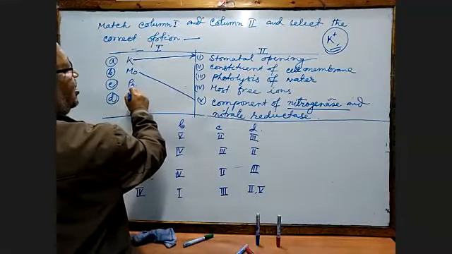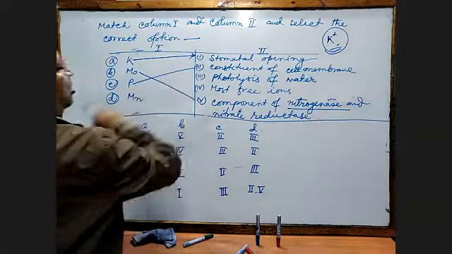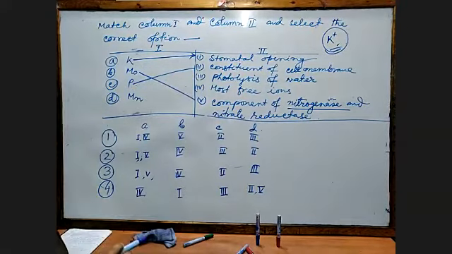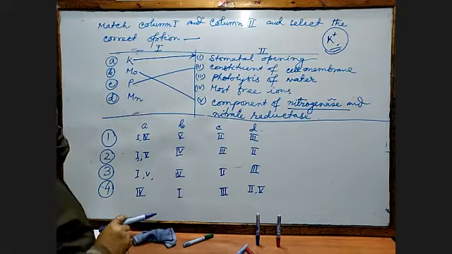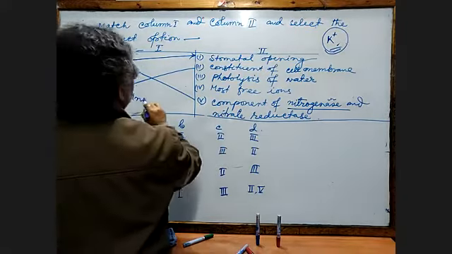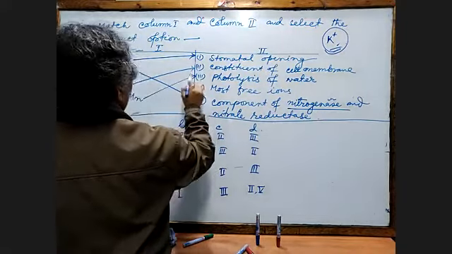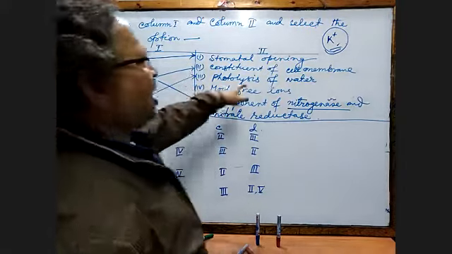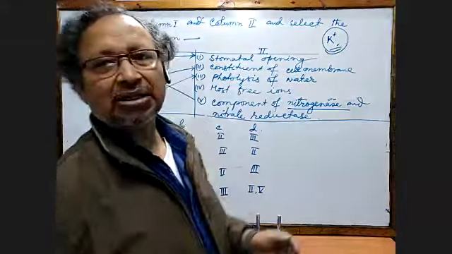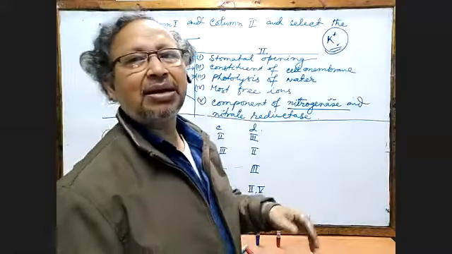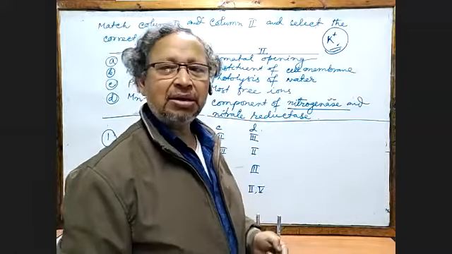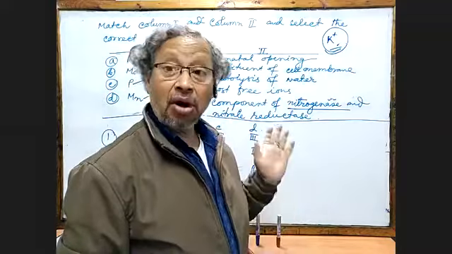Phosphorus is the constituent of the cell membrane. Okay. Then manganese is for the photolysis of water. In photosynthesis, water breaks and gives rise to hydrogen ion, electrons, and oxygen.